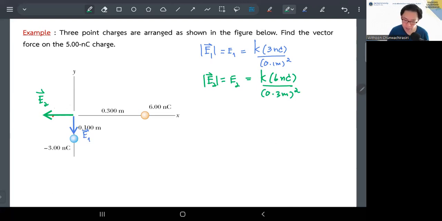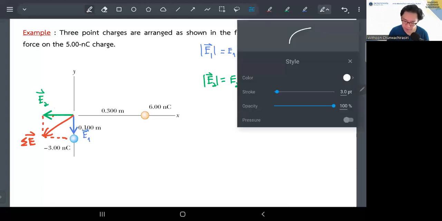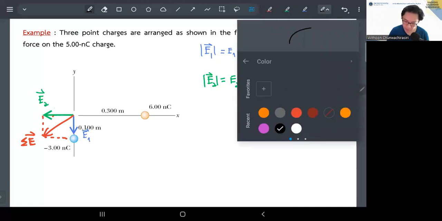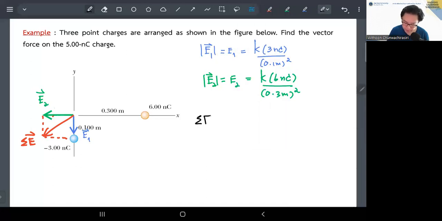Now if you add these two vectors together, you will get the net electric field at this point. I can call this sigma E. And then sigma F, which is the net force, is just the charge times the field at that location.